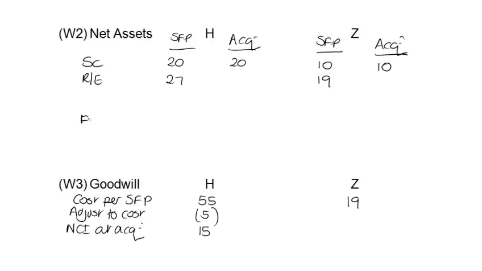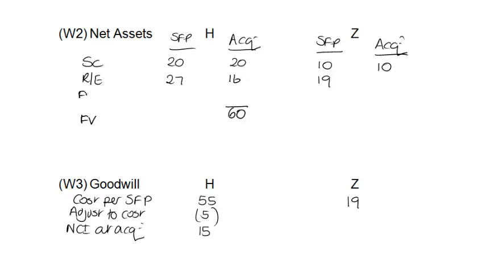We have here a fair value of 60 at the date of acquisition. And it says the retained earnings of Hale were 16. So slot that in. The difference was due to an increase in the value of land.